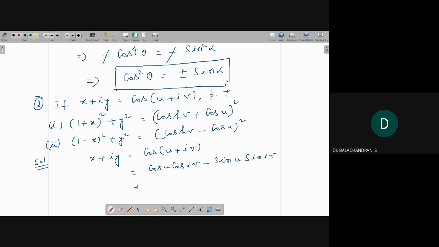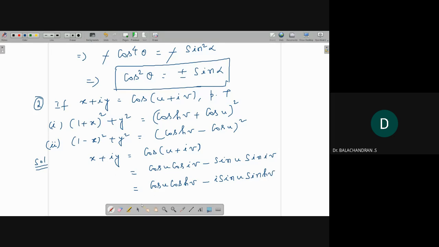So this is equal to cos u into cos iv, and cos iv is cos hv, minus sin u into sin iv. Sin iv is i sin hv. So now compare the real and imaginary parts.